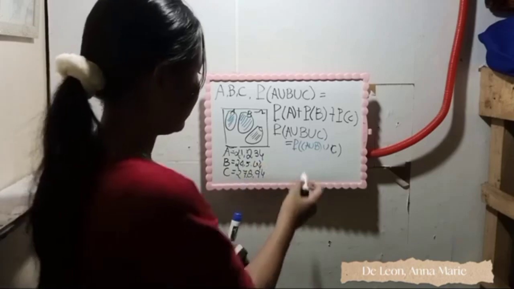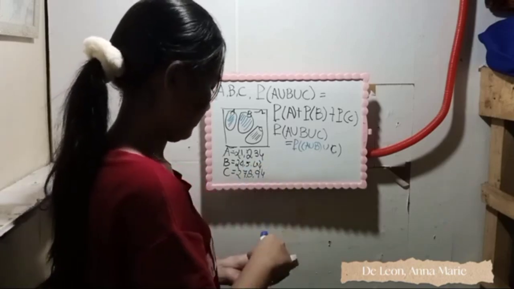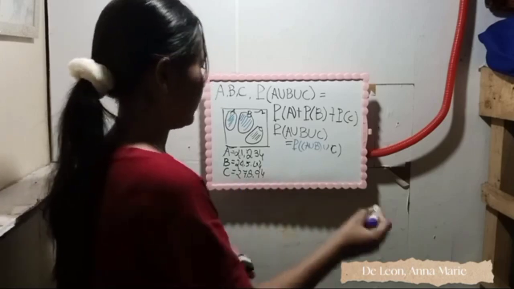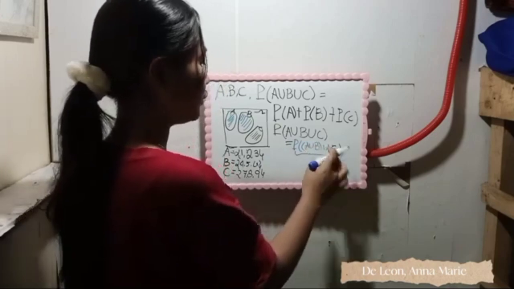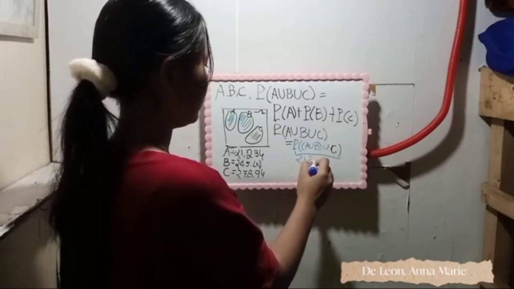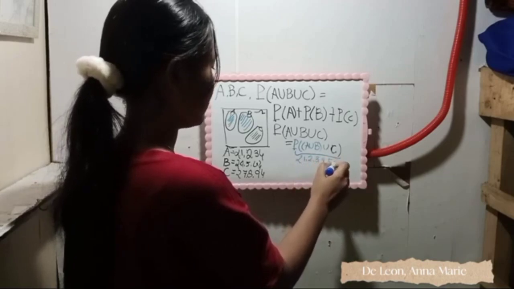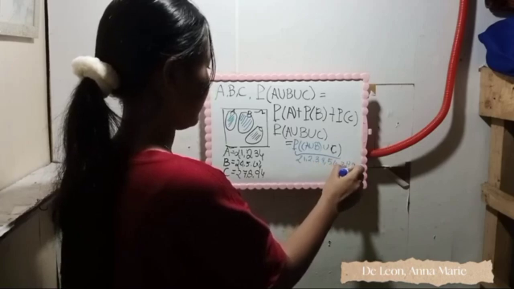So A union B union C is equal to 1, 2, 3, 4, 5, 6, 7, 8, and 9.